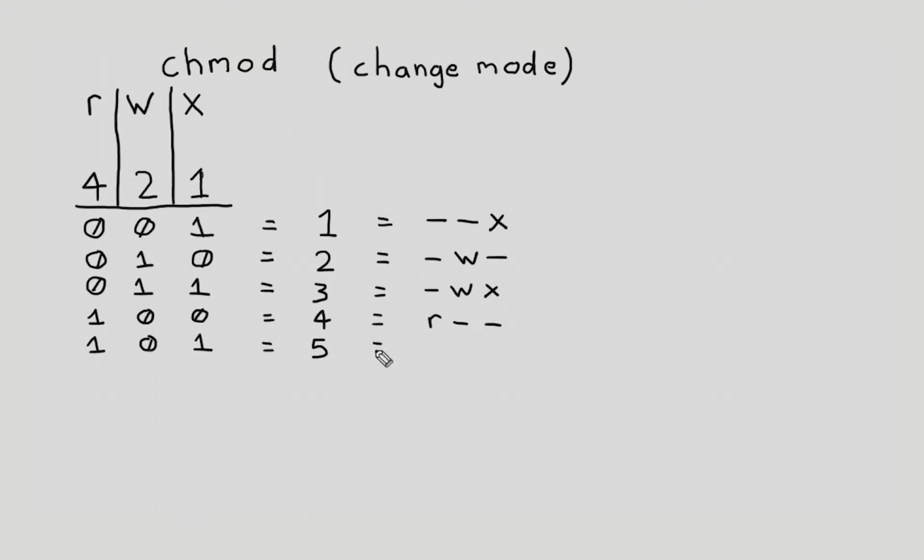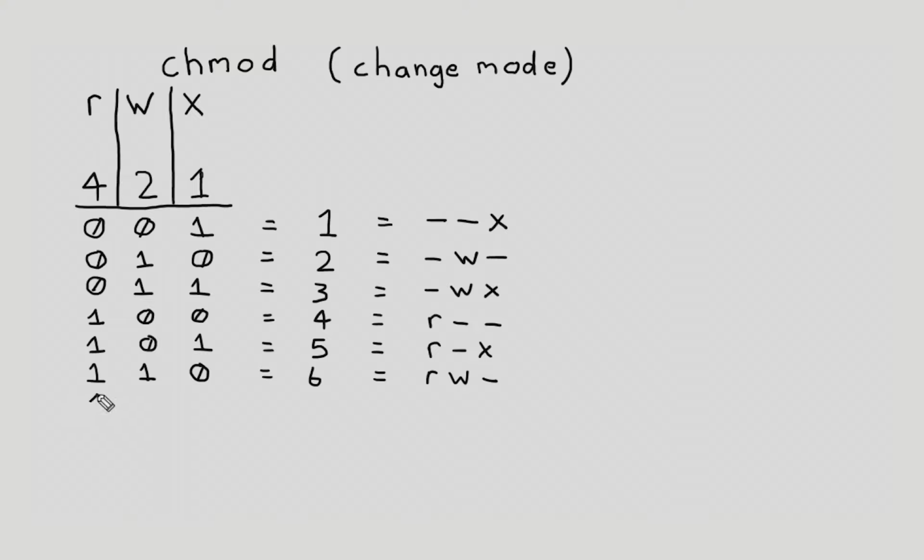That is 5, which equals read, no write, yes execute. 6 would be 1 in the 4, plus 2 is 6, nothing in the 1's place, and that would be read, write, no execute.